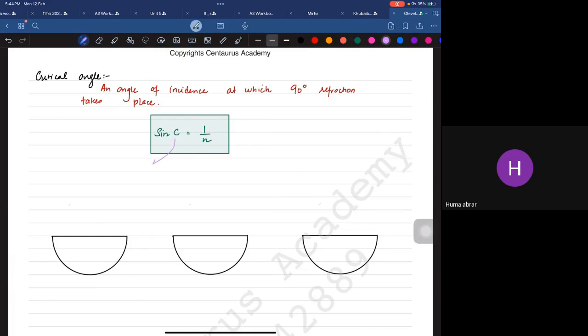This sine C is the critical angle, and this n is the refractive index. All right, kids.